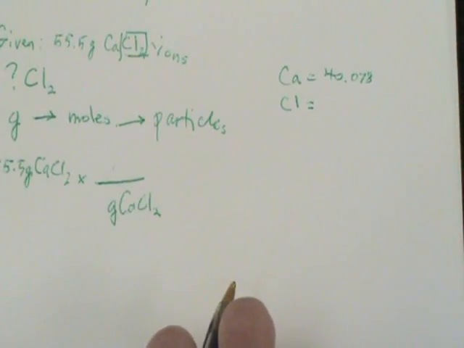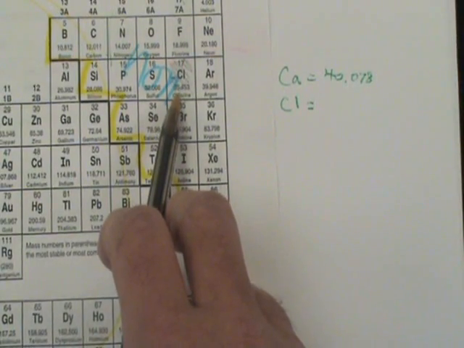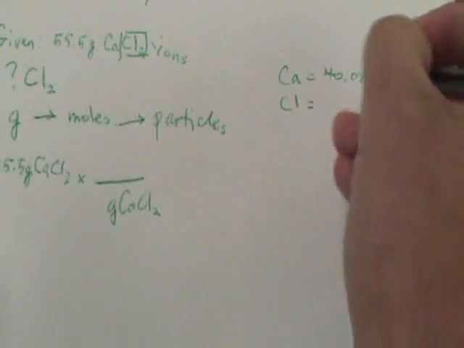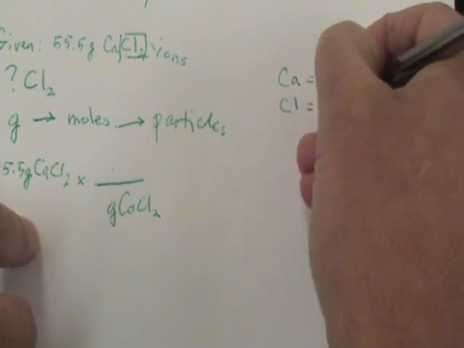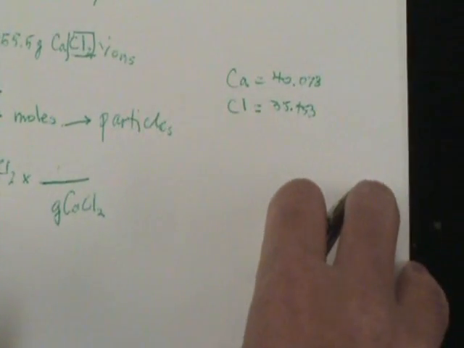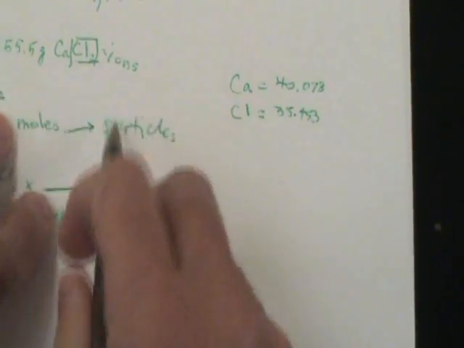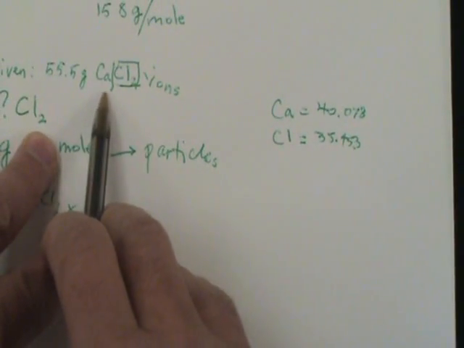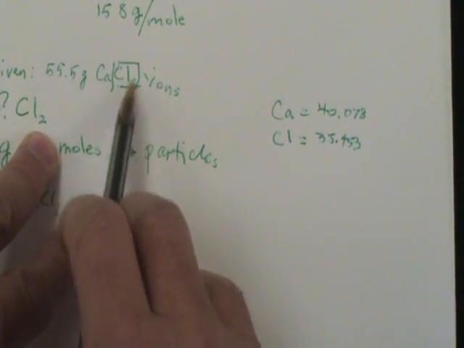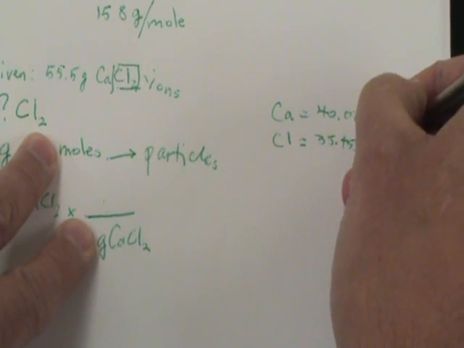Now we have chlorine, which is 35.453 grams. Now we're going to multiply it by the number of atoms. We know that there's only 1 atom of calcium here, but there's 2 atoms of chlorine, so we're going to multiply it by 2.